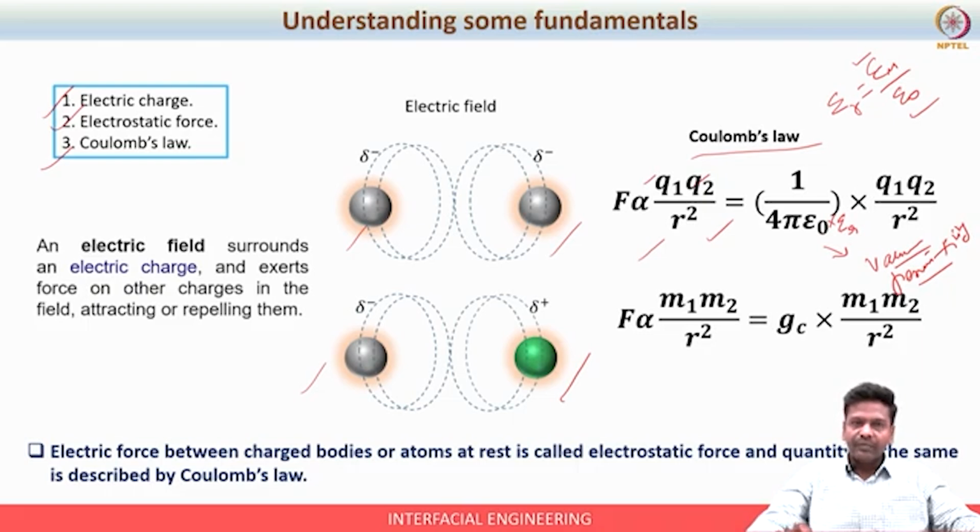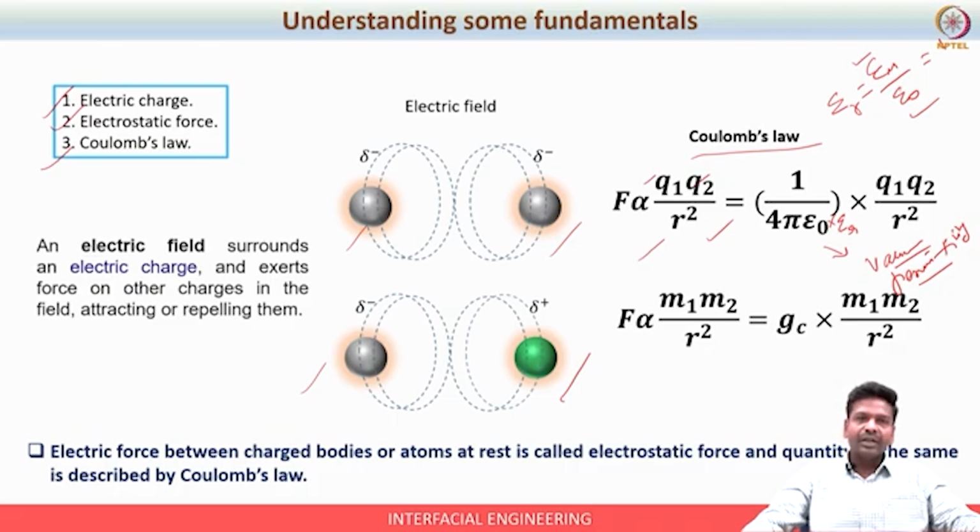Now, if you are dealing with a medium instead of vacuum, what you finally get is Em itself, because E naught cancels out. If you are dealing with only vacuum, ER is 1, and in that case the equation remains intact.